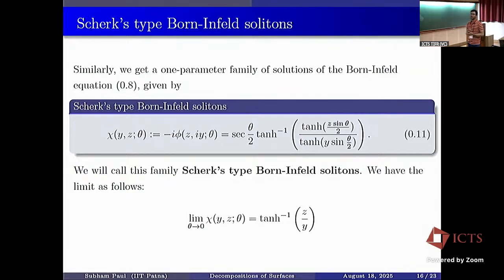Now, similarly, we have this one parameter family of solutions to the Born-Infeld equation, also obtained by Wick rotating and swapping the variables y and z. After that, we get these Scherk-type Born-Infeld solutions derived from Scherk's minimal surface, given by equation 0.11. And here also, from this expression, the limit of this function converges to the hyperbolic helicoid, the tanh inverse of z by y.